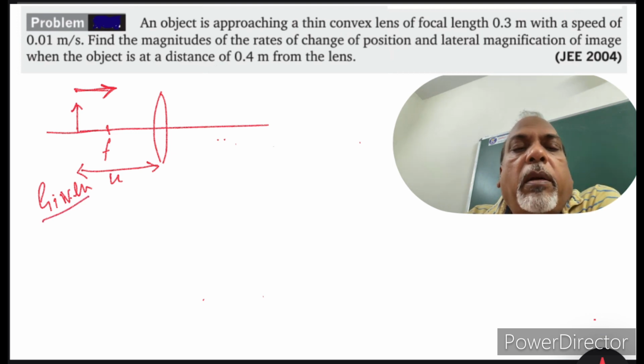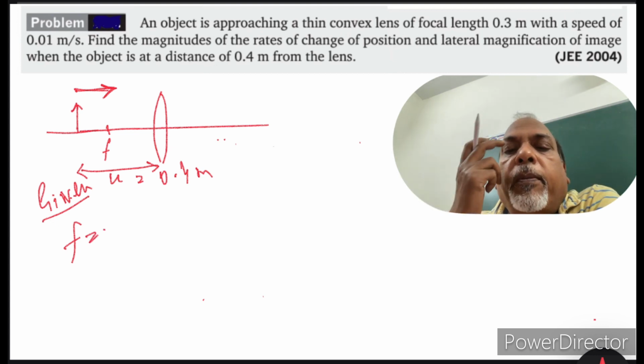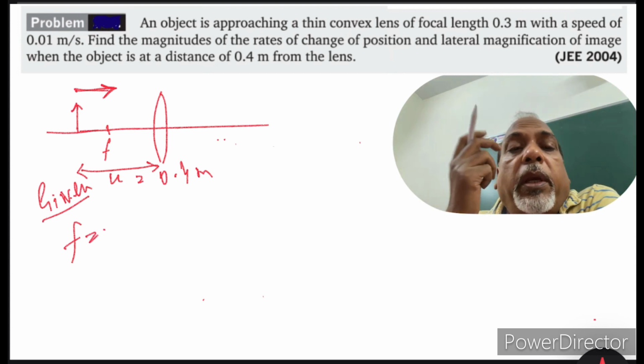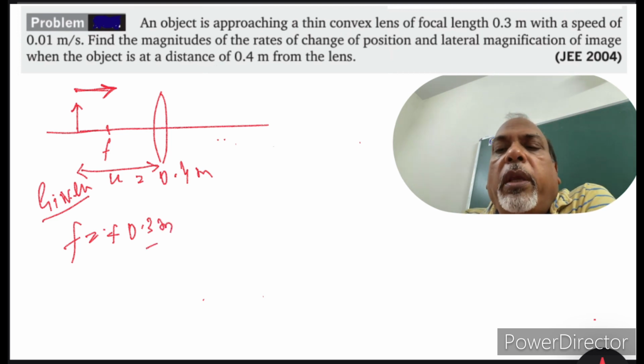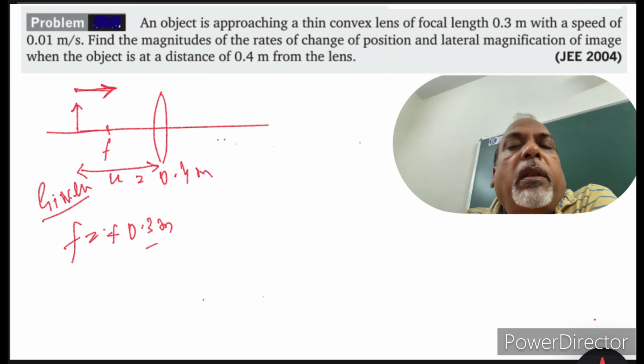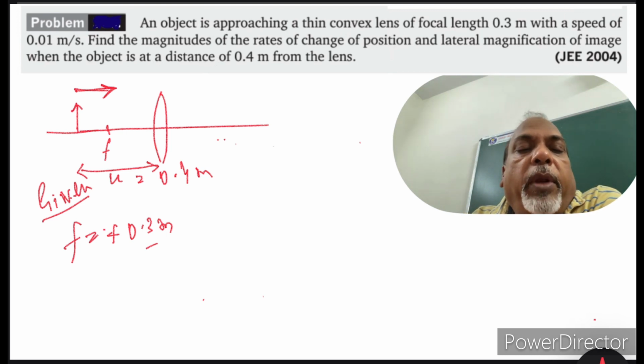We are given this u, that is 0.4 meter, and the focal length of the convex lens, that you know is positive, 0.3 meter. And one more thing which is given is that our object is moving towards the lens with a speed of 0.01 meter per second.